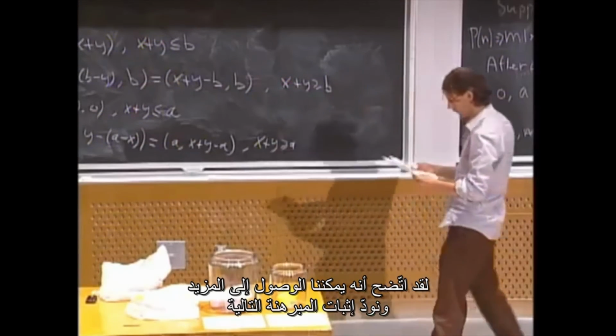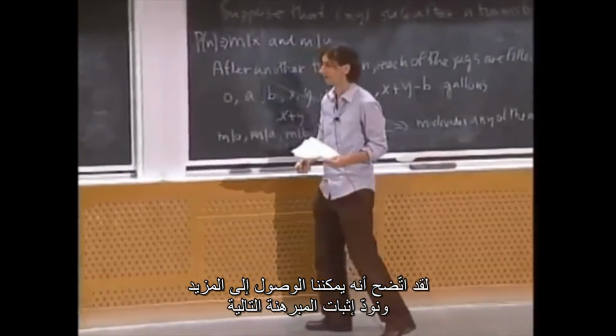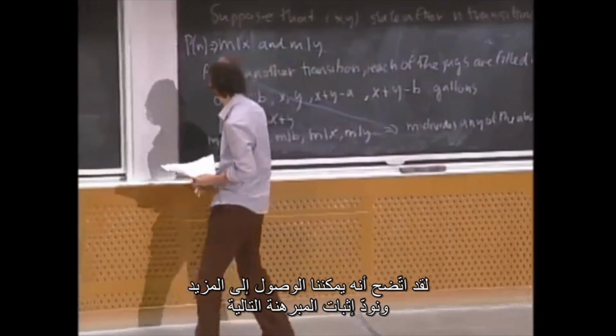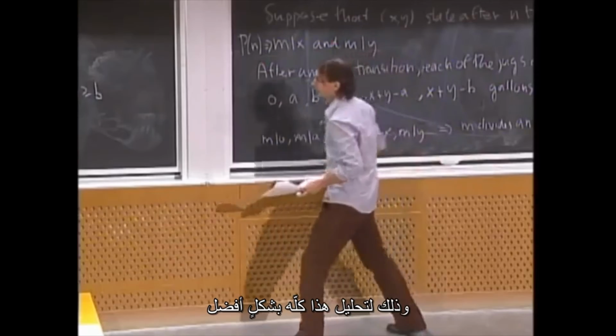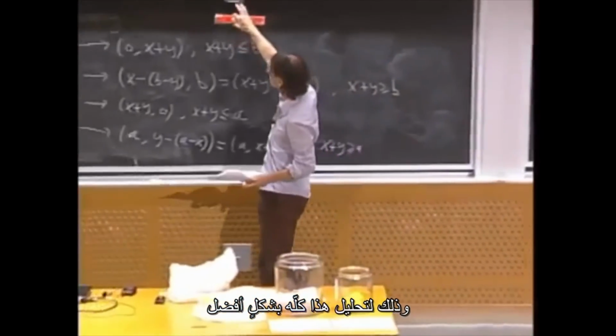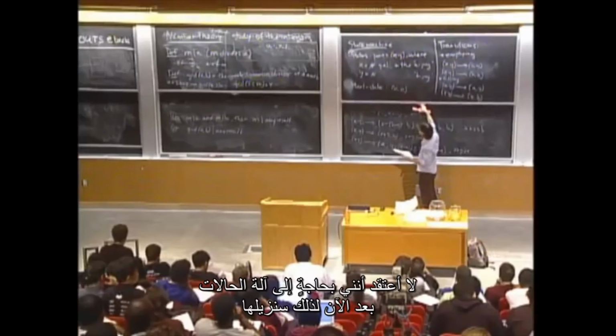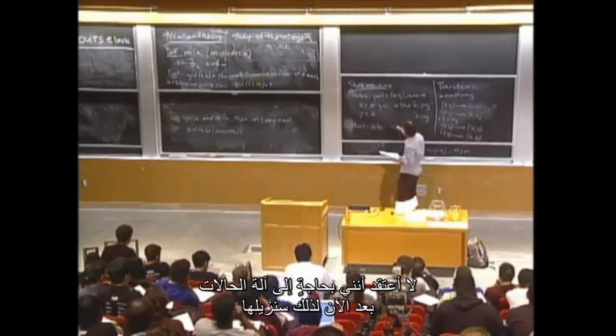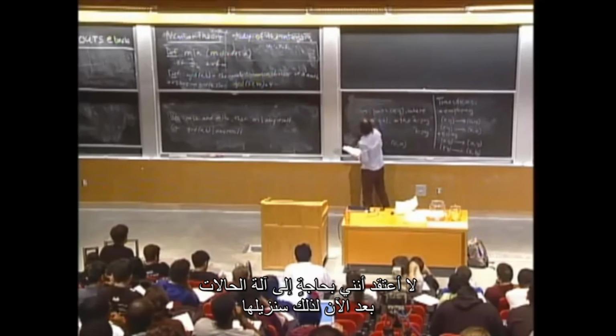We have a property that we have shown here, but what else can we do here? Now it turns out that we can say much more, and we would like to prove the following theorem to analyze this whole thing much better. I don't think I need the state machine anymore, so let's take that off.